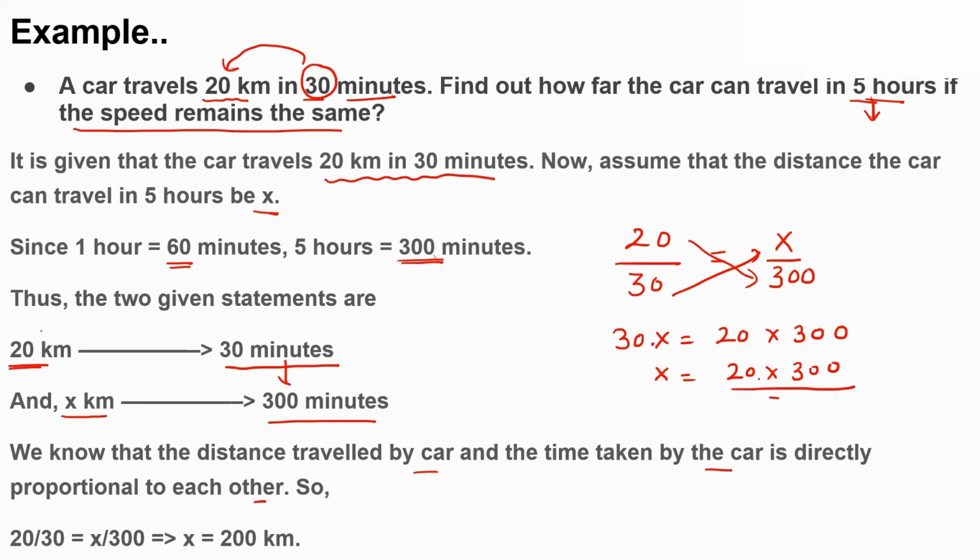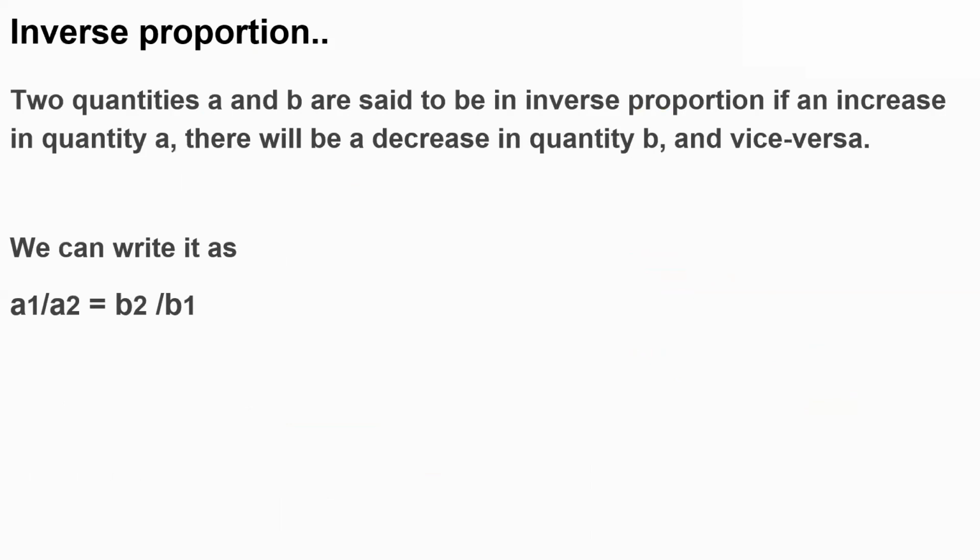When it goes to the other side, it should be divided. Then I will find 200 kilometers. That will be my answer. So in 30 minutes, if the car is traveling 20 kilometers and the speed remains the same, the car should travel 200 kilometers in 5 hours. That's an example of direct proportion.